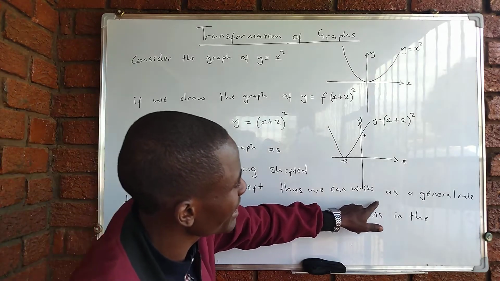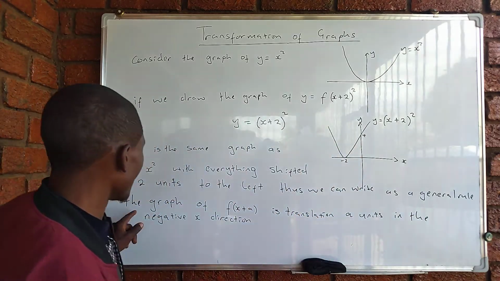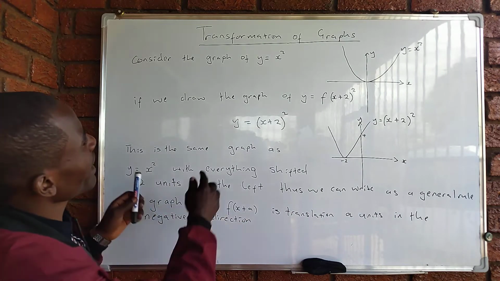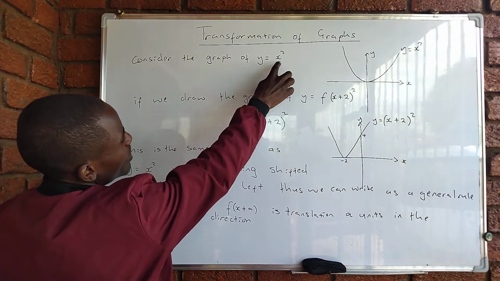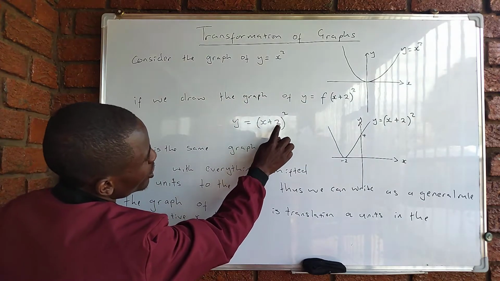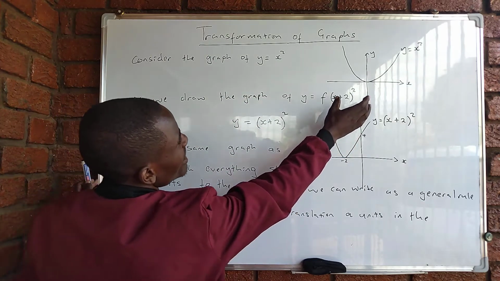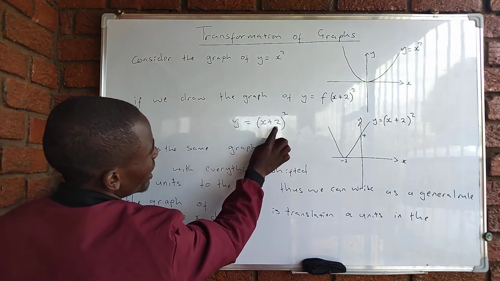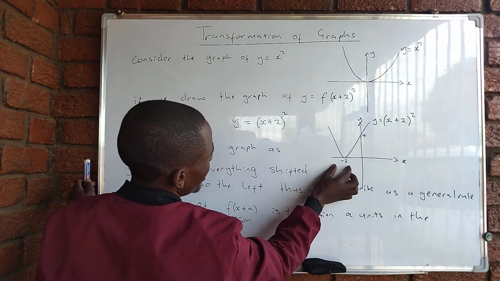Thus we can write as a general rule that the graph of f of x plus a, right? Because pana paranga f of x y is equals to x squared. So f of x plus 2 tango translate tamove graph redu 2 units ichienda ku negative x direction, right? Noti panga pana 2, graph redu rabva pana 0 rega pana -2.